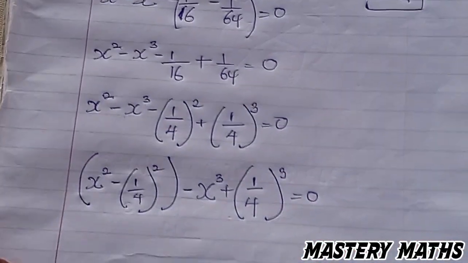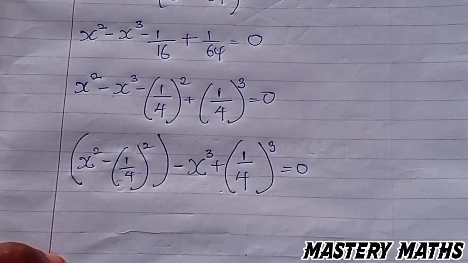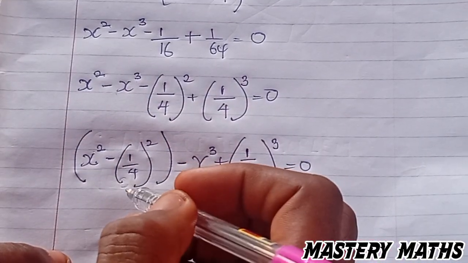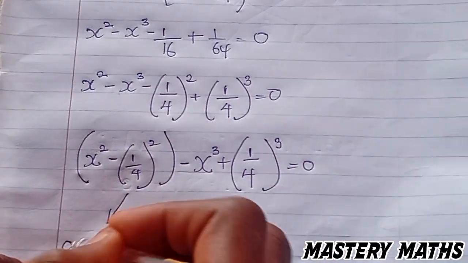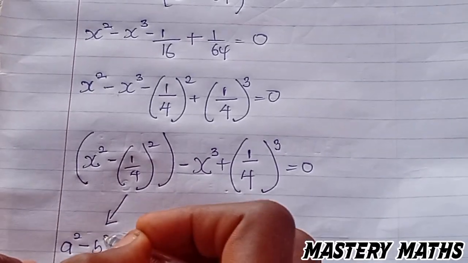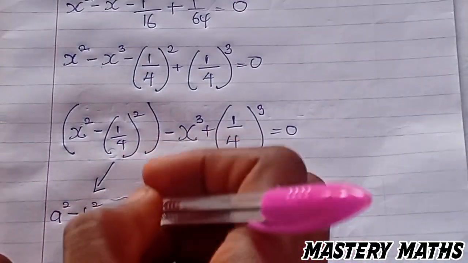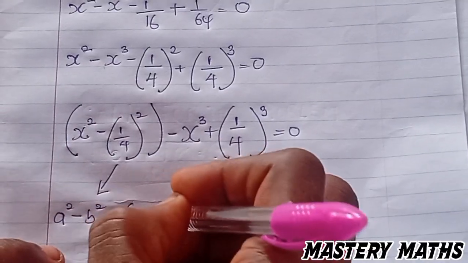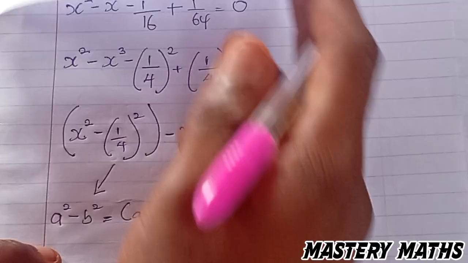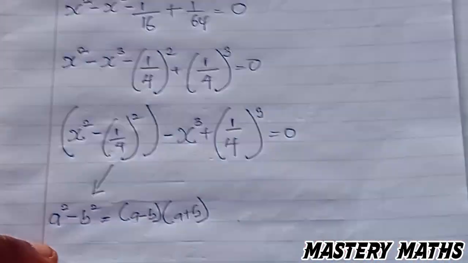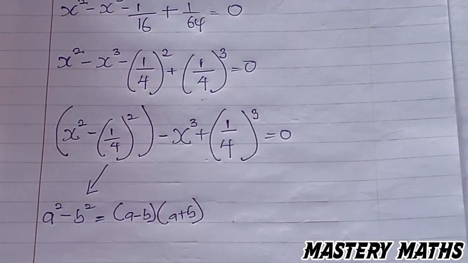So we have difference of two squares, and of cubes. So what should you do next? First of all, this one you're having here now is the difference of two squares, which has a squared minus b squared, which gives us a minus b times a plus b, which is the formula for difference of two squares.